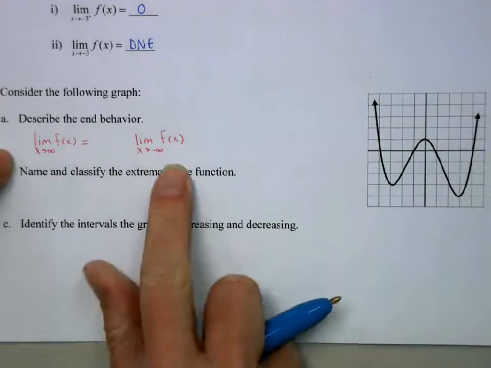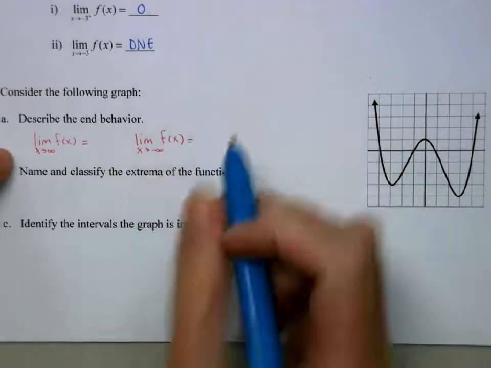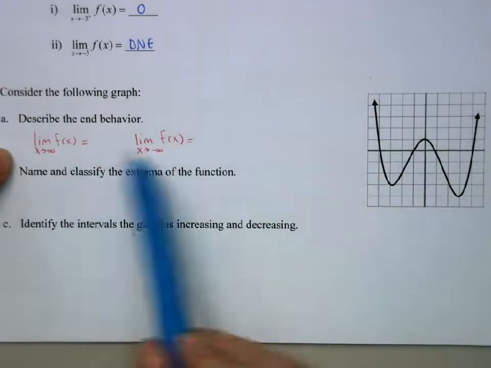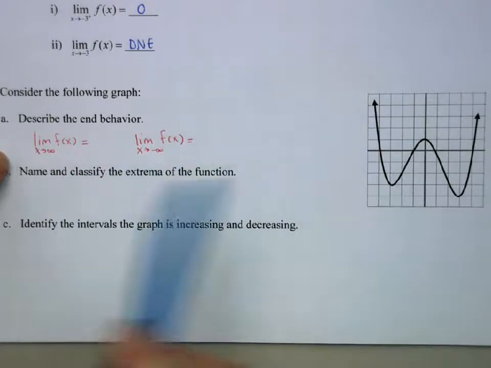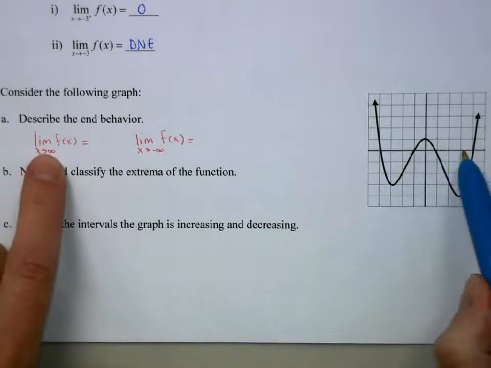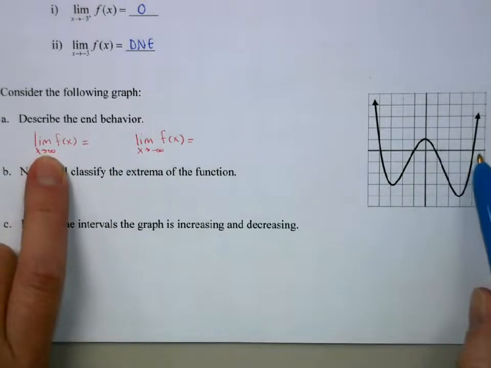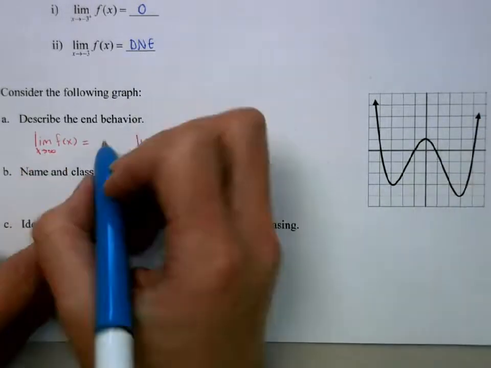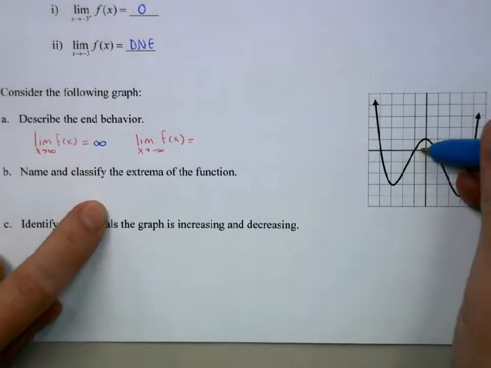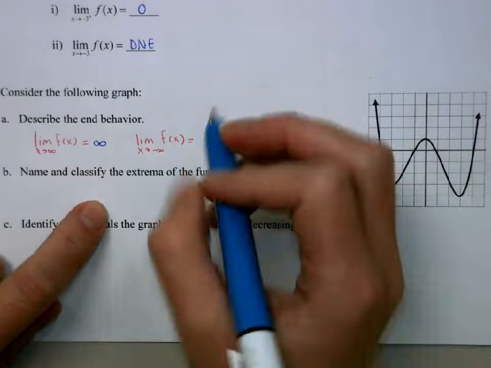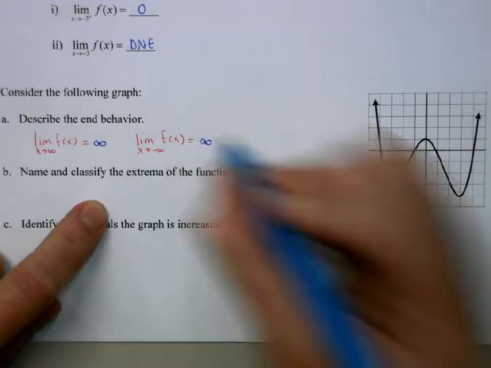If that's something that you forget, you can write that end behavior is always this. We just need to fill in the blanks for the particular equation. In this case, as x goes to infinity, our graph is increasing without bound, so that's going to infinity. As we go to -infinity, it's going up to infinity.